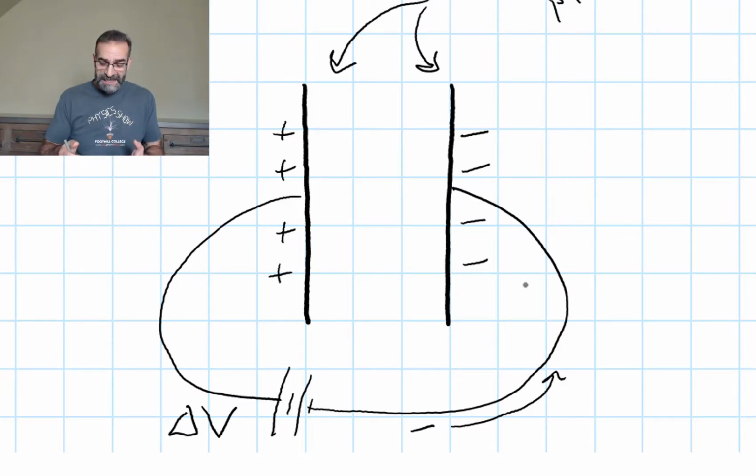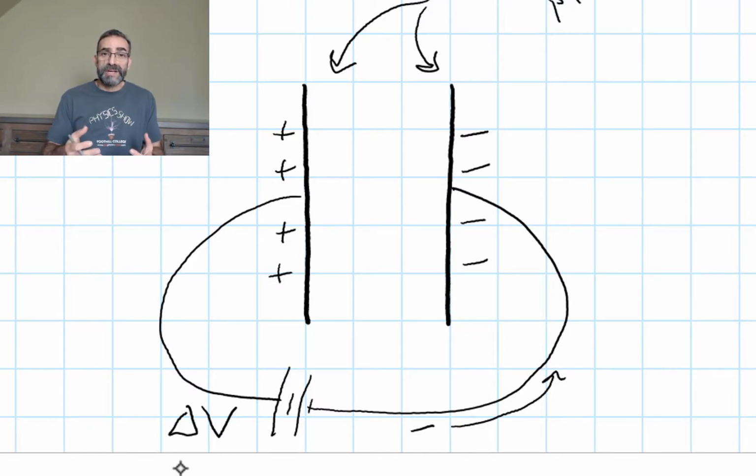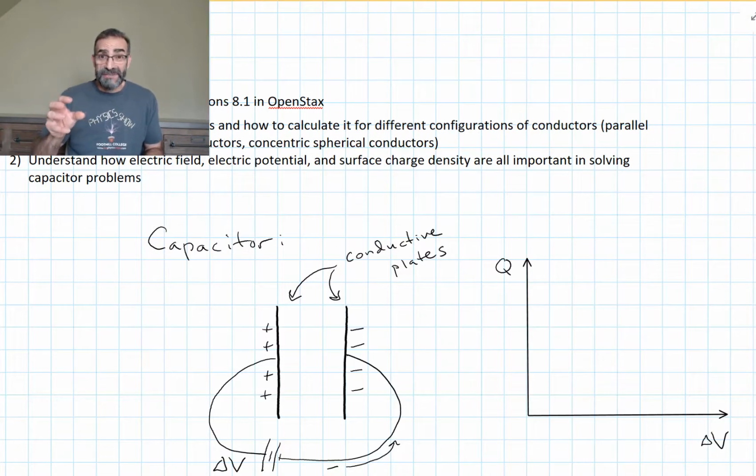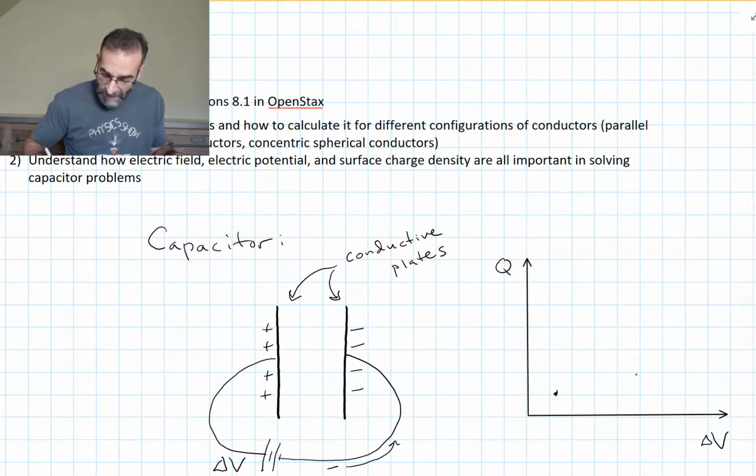Eventually, it gets to the point where this battery can't do enough work to move any more charges over, and so it basically stops at that point. And if we were to plot that, if we had a battery or a power supply where we could adjust the potential difference, and we started with a very small potential difference, it would just be able to move a few electrons over.